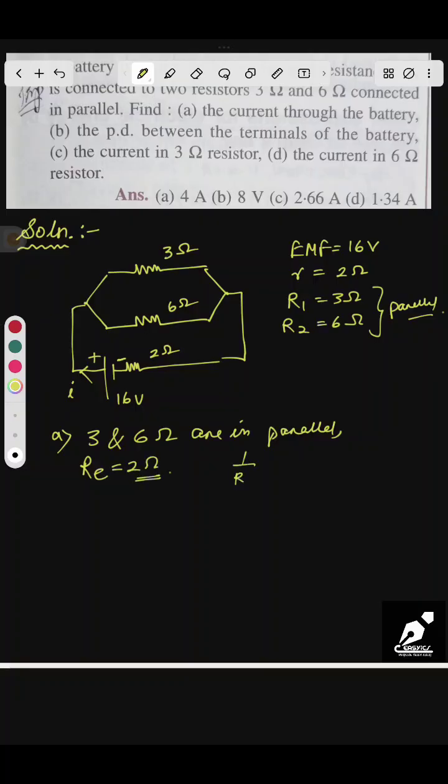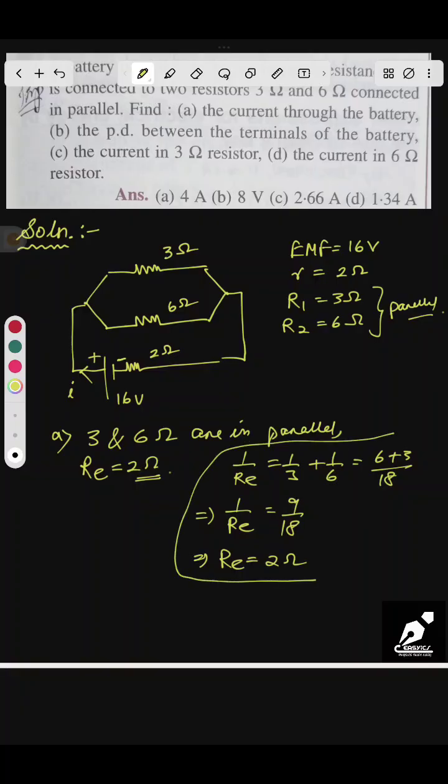Okay, in parallel the equivalent resistance will be given as 1 by 3 plus 1 by 6, which gives 9 by 18. So from here we can say R equivalent is equal to 2 ohm. This is how we get it.